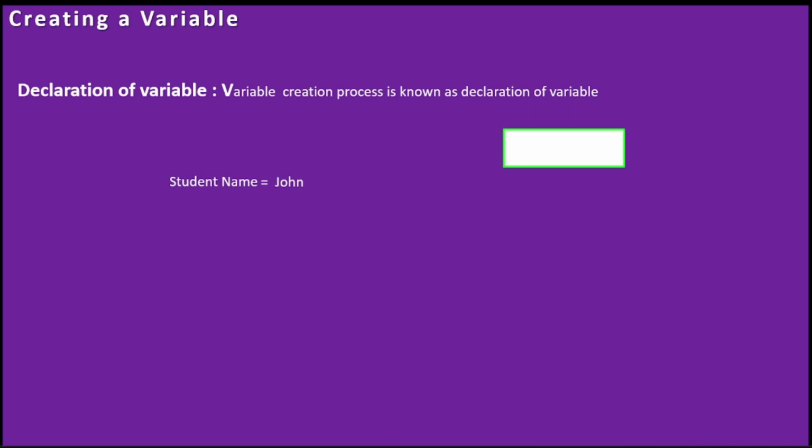Similarly, whenever you create a variable, it will create a placeholder with a reference called student name, and in it you will have John, the value you wanted to assign. And here I have created age, and this age value is 15.